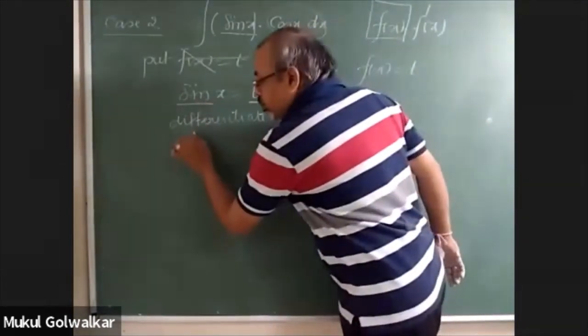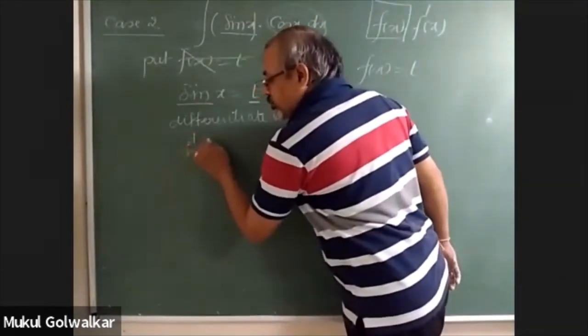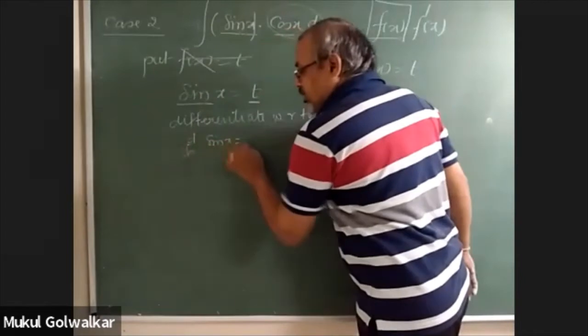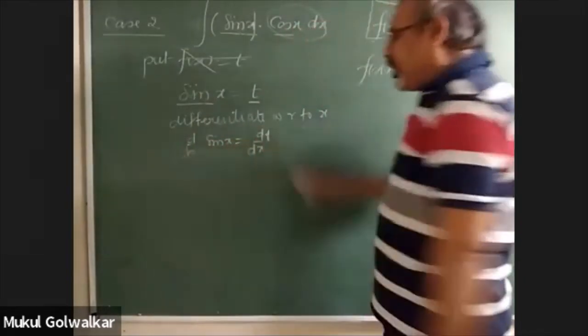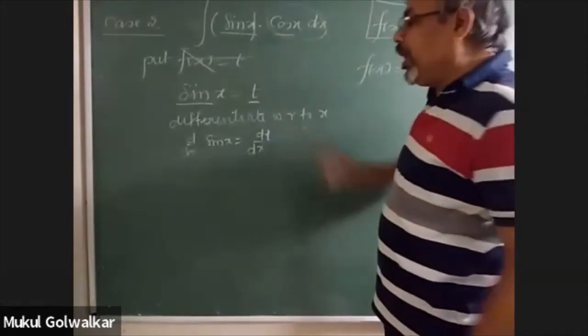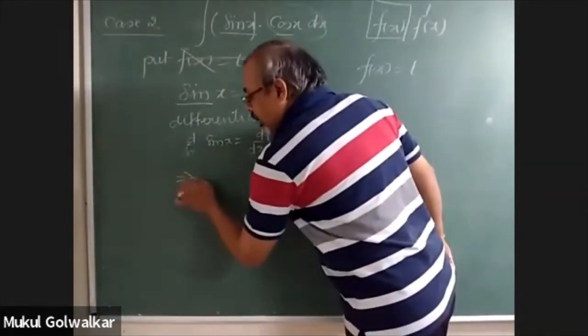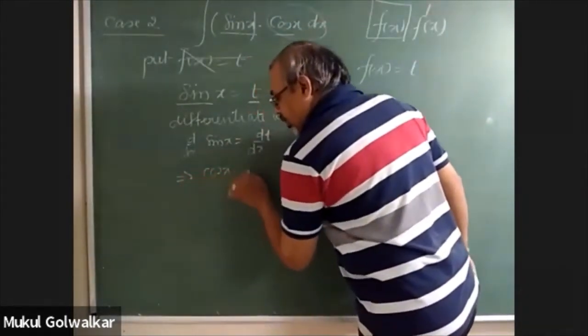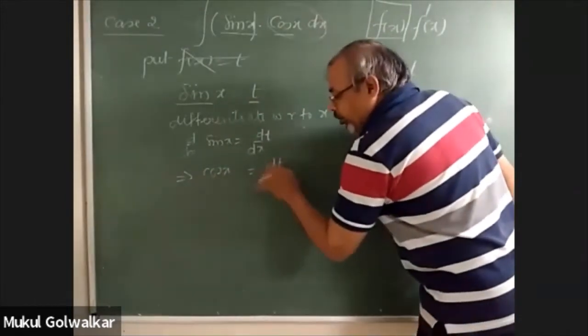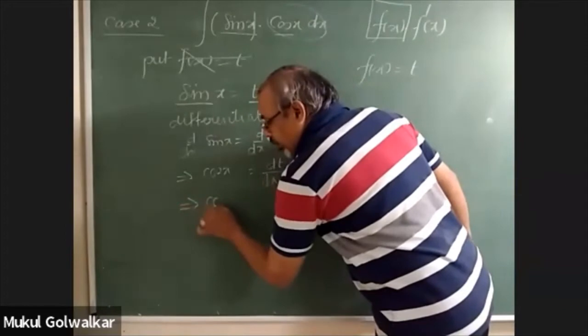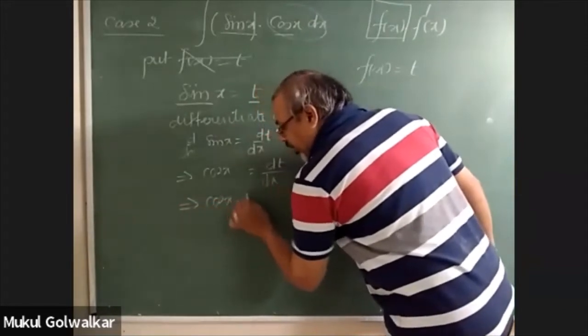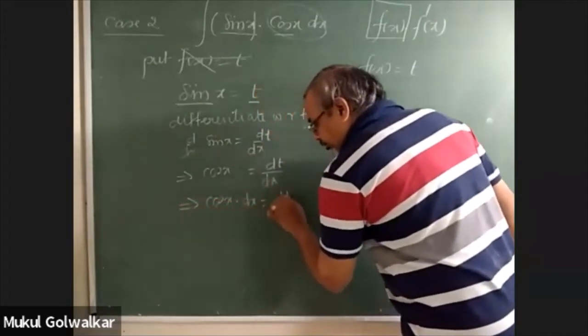So d by dx of sin x is equal to d by dx of t, or we can write the RHS as dt by dx. So we write cos x is equal to dt upon dx, or else cos x multiplied by dx is equal to dt.